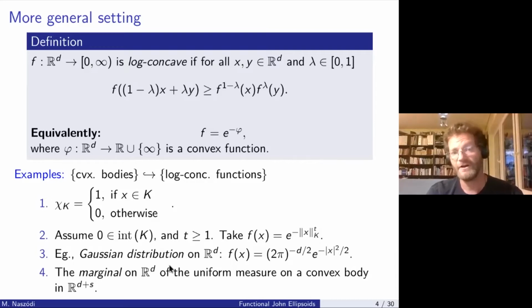And here comes one more very important example, which is the following. Let S be a positive integer, okay? And take R^(d+S). So it's a higher dimensional space. And take a convex body in R^(d+S).